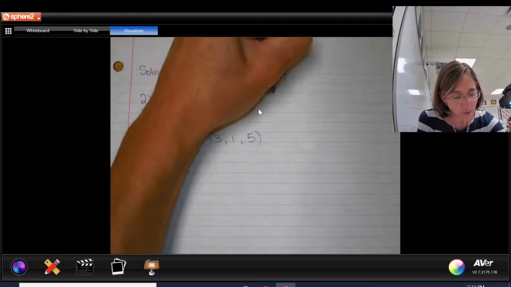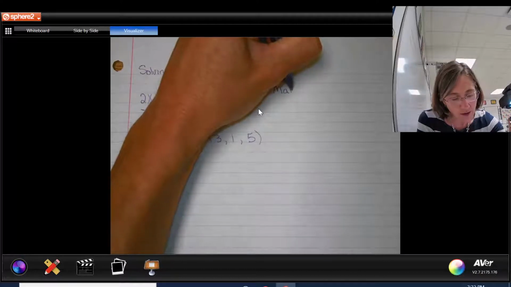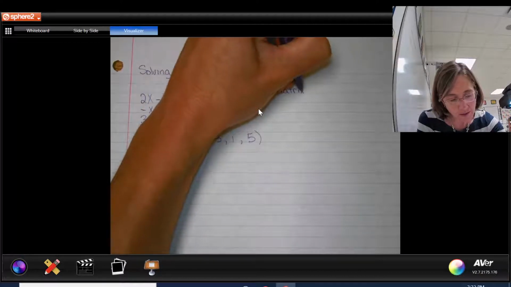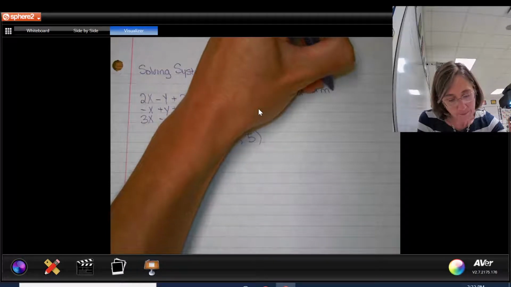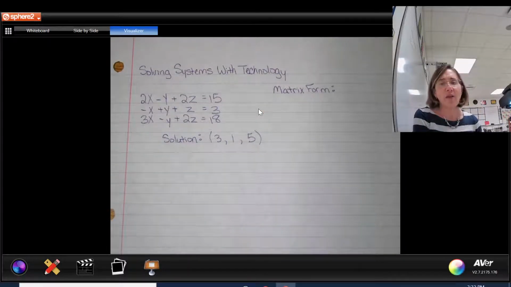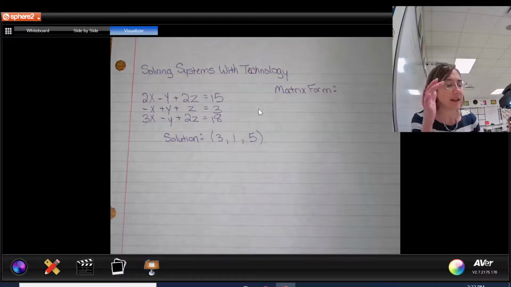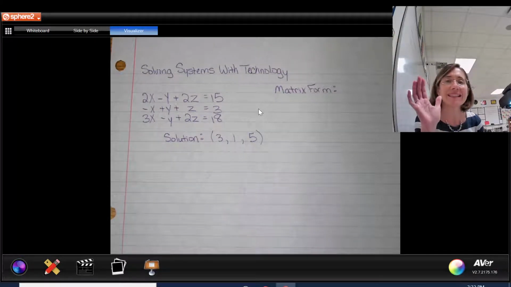Okay, so that word is over here, matrix. It's matrix form. And okay, so here's kind of the thought process. I've mentioned before how mathematicians don't really like extra writing, like that's why they make up symbols for things so that they can write in shorthand kinda.